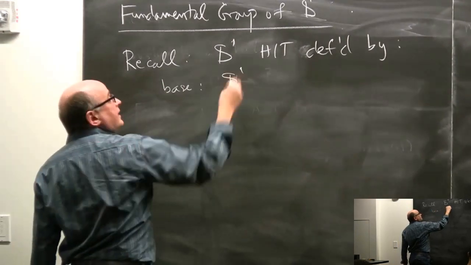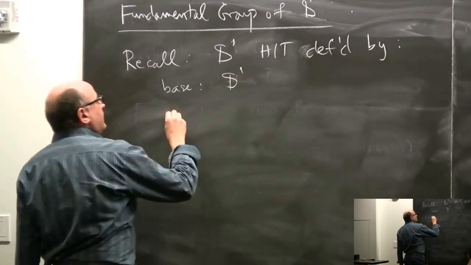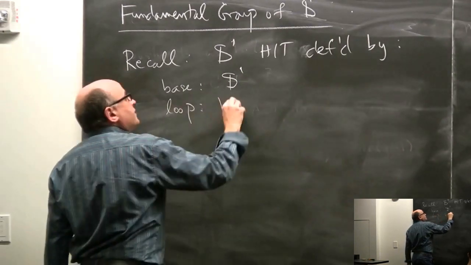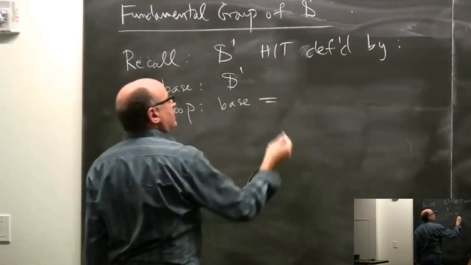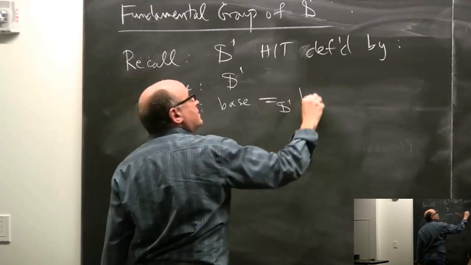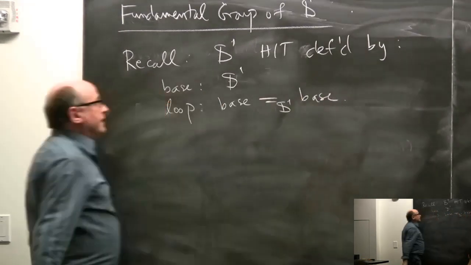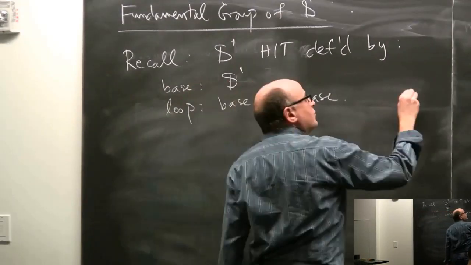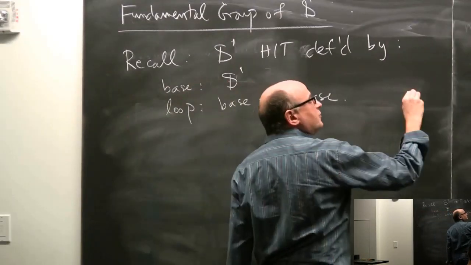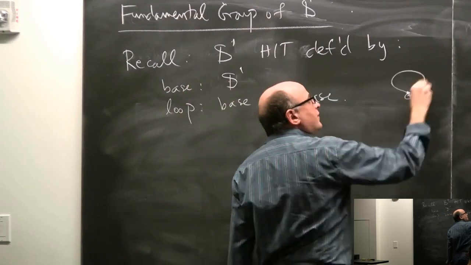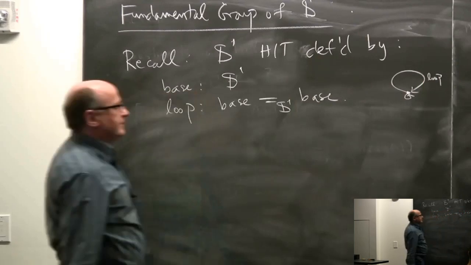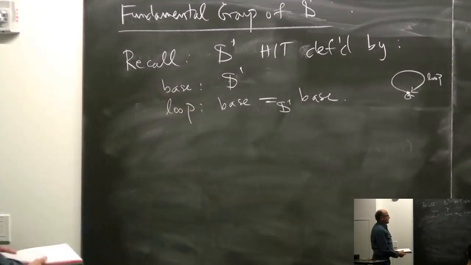So it has a designated base point, and it has a loop between base and base. The obvious picture is that we have the base point B. There's always a little reflexivity guy, and then we're throwing in another thing which we're calling loop. It looks kind of circular, so it seems like a good thing.